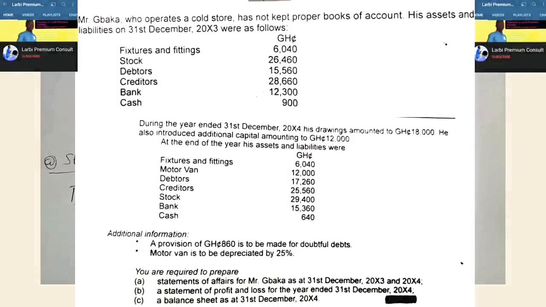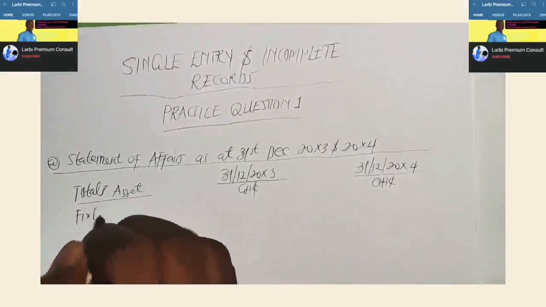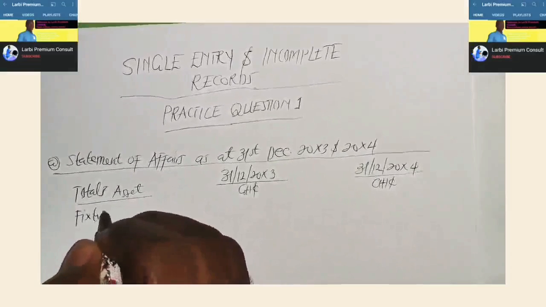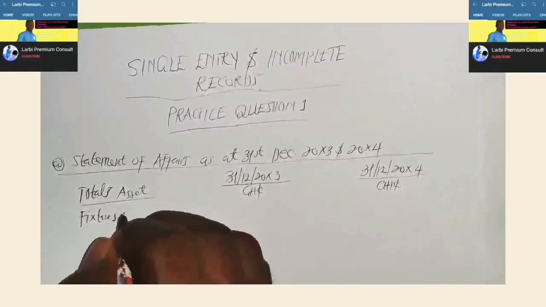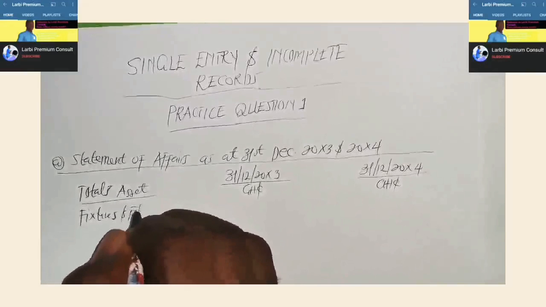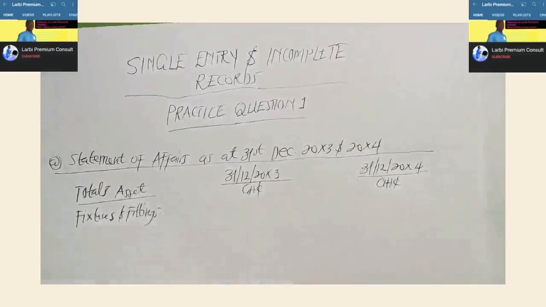We're having fixtures and fittings as an opening balance.